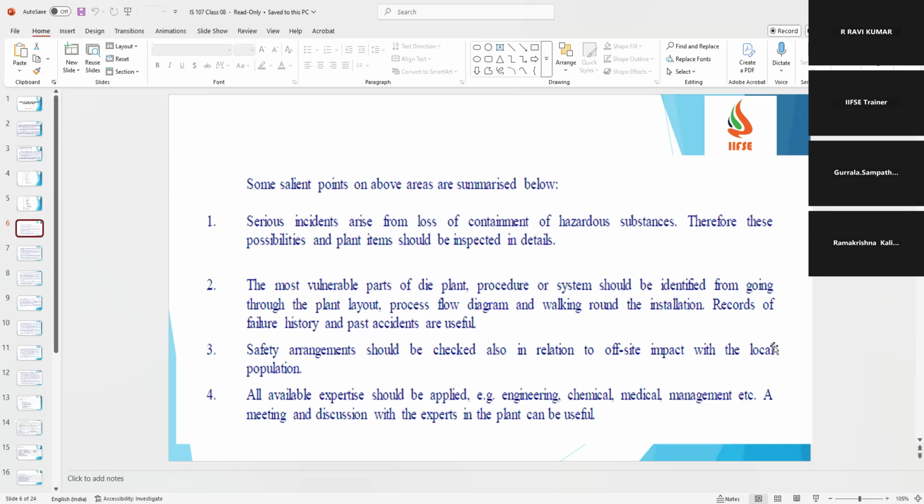Then safety arrangements should also be checked in relation to the offsite impact on the local population. When I say offsite emergency situations, what kind of safety arrangements have you made? For example, you are working in a huge chemical factory, you have chlorine.